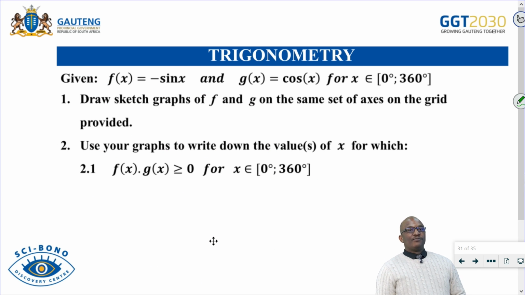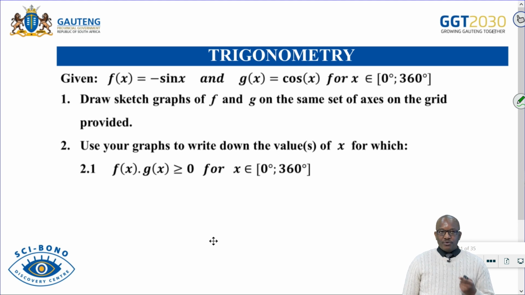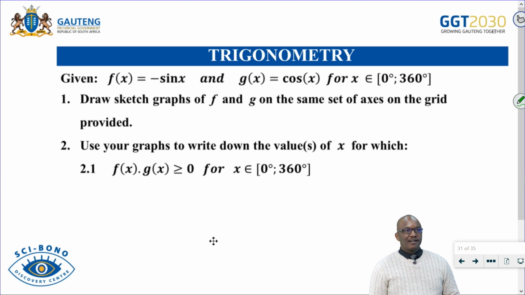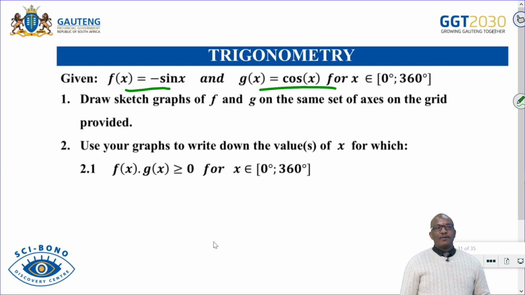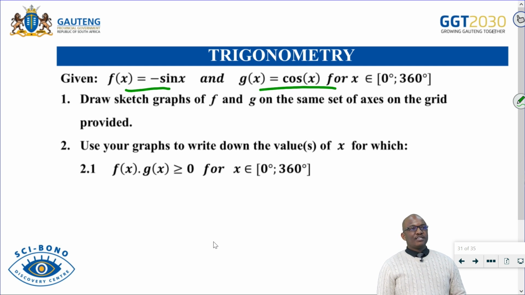So now, we're going to look at another graph where we have f of x as negative sine of x and g of x as cos x. And now we are going to sketch these two graphs. How do we then sketch them?